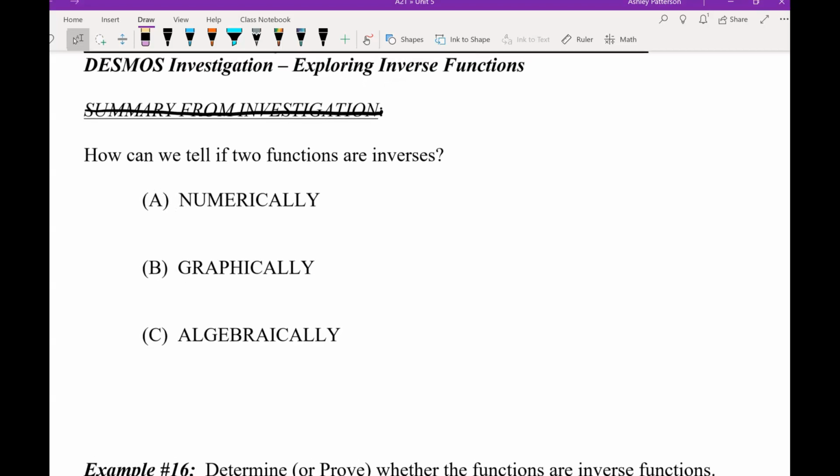And so I'm just going to tell you the 3 different ways to tell if 2 functions are inverses of each other. Okay, so if we are inverses, think about addition and subtraction. They undo each other's operations, right?